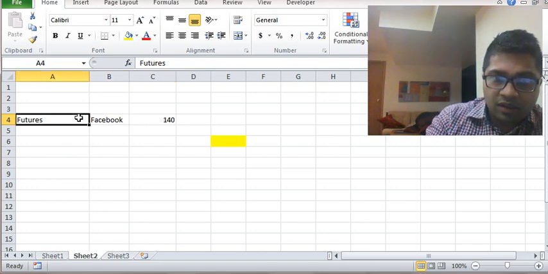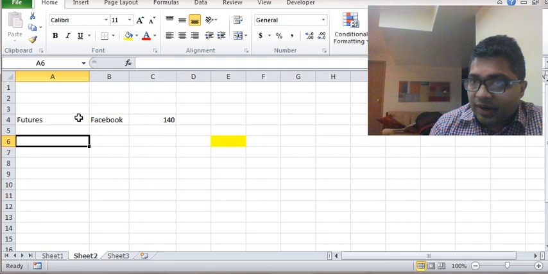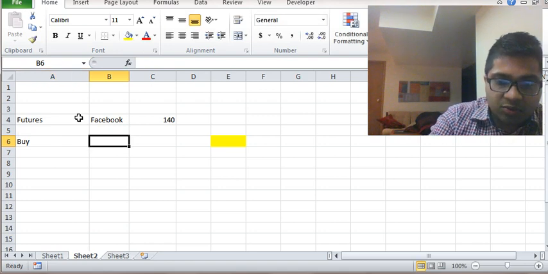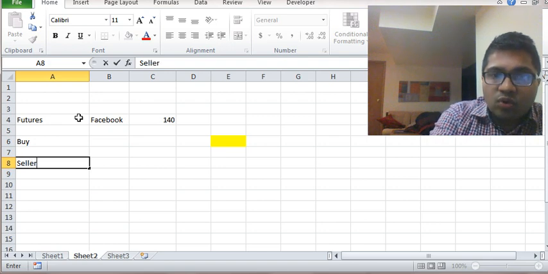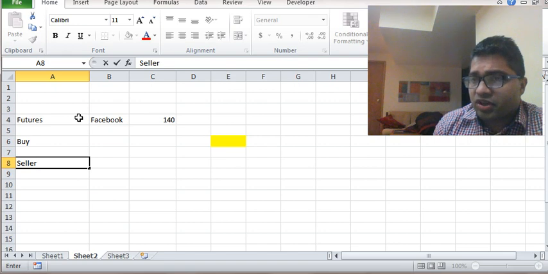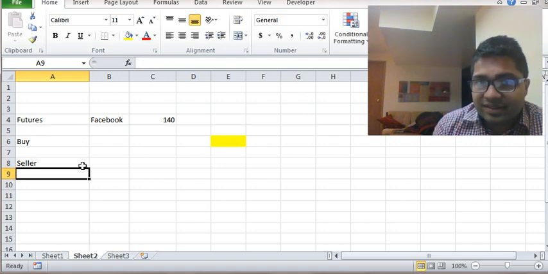Now you think that Facebook will go up, so you want to buy at the current price, hoping that Facebook will go up in the future. That is your view. So the buyer thinks Facebook is going to go up. Same way, there is a seller who wants to sell Facebook right now because he thinks that Facebook is going to fall in future, so he wants to get more money right now. So there are two parties, buyers and sellers, who have opposite views of Facebook.